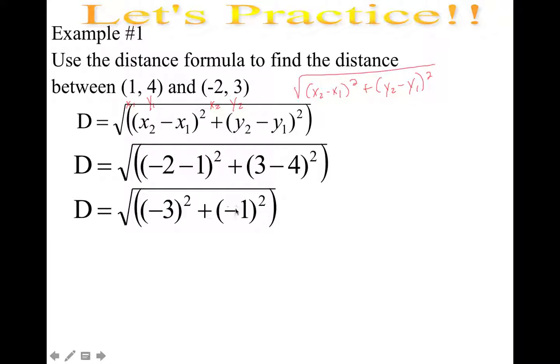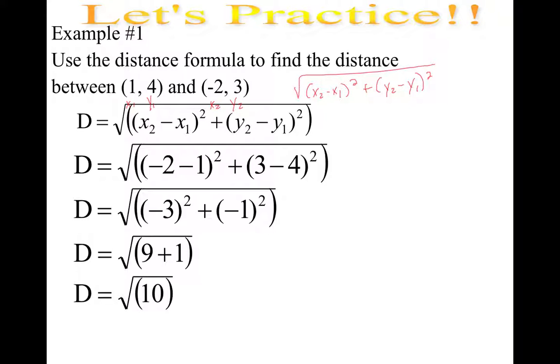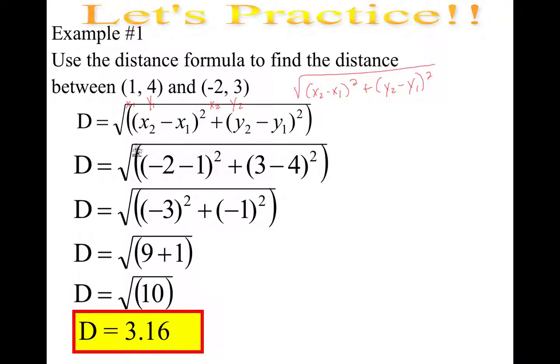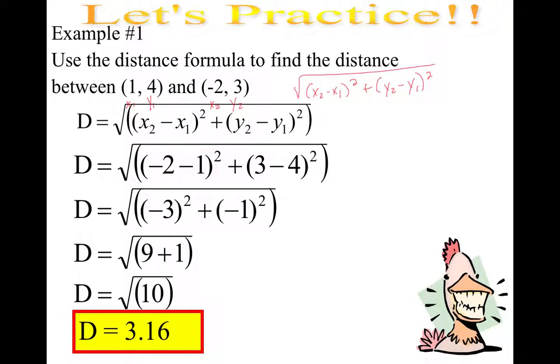Put the parentheses around your number and then square it, even if it's a positive number. We end up getting 9 plus 1 under the square root, which gives us the square root of 10. The square root of 10 is already simplified, but if I wanted to round that answer, I would get 3.16.